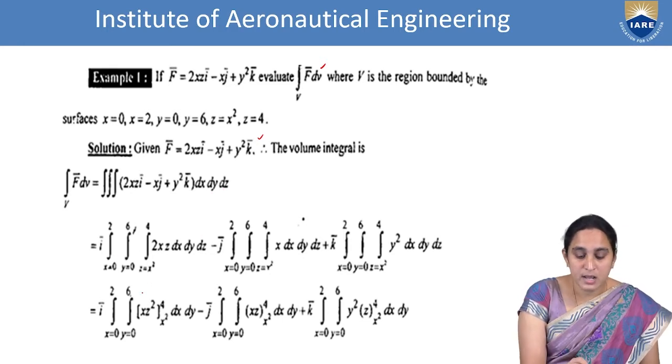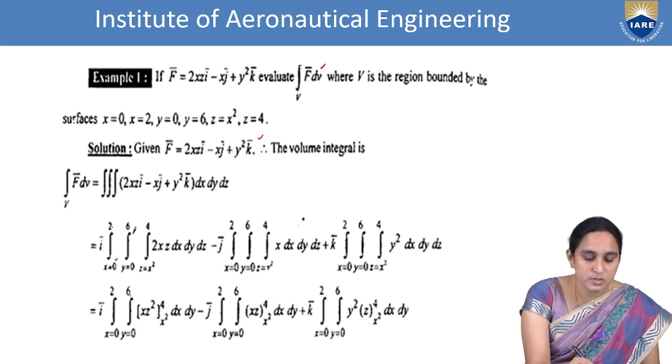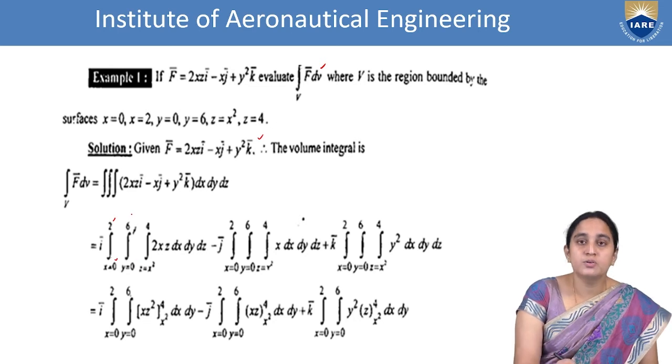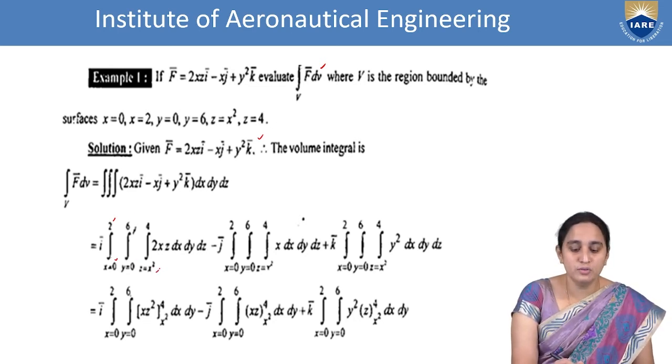Here I will take each and every term separately. That means i bar into triple integral. What are the limits for x, y, z? Here x limits are 0 to 2, the y limits are 0 to 6, and the z limits are x square to 4.